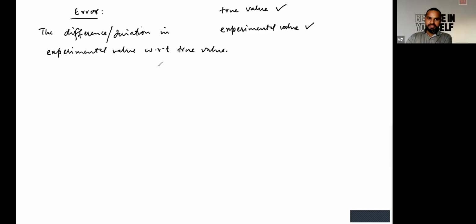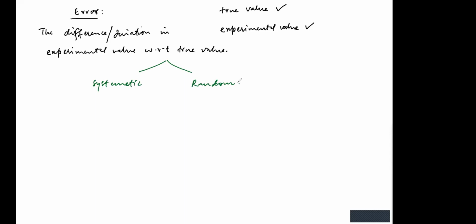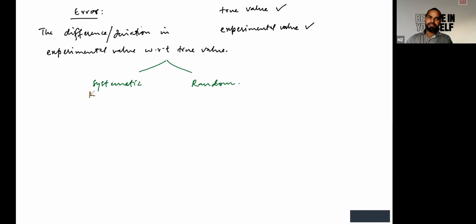Now we have mainly two different types of error. First is called systematic error, and next is called random error. Do you have any idea about these two terms? No, sir. Let's say if you have systematic error, it simply defines you the error in the instrument itself and which can't be reduced by human.